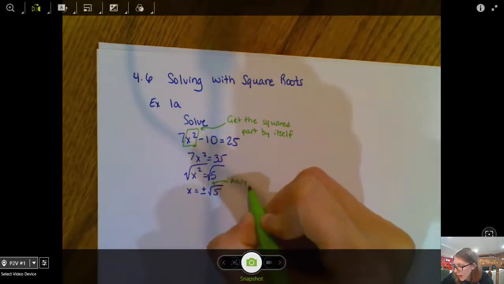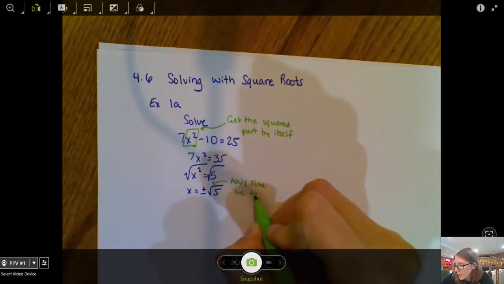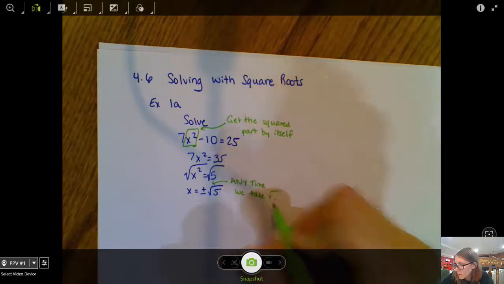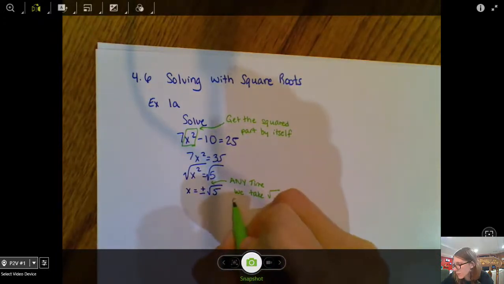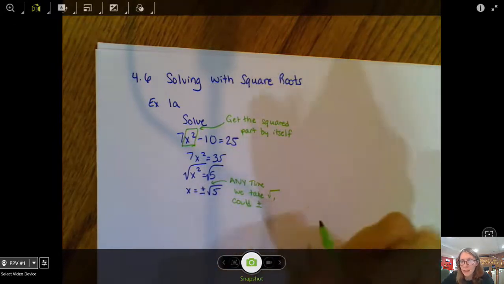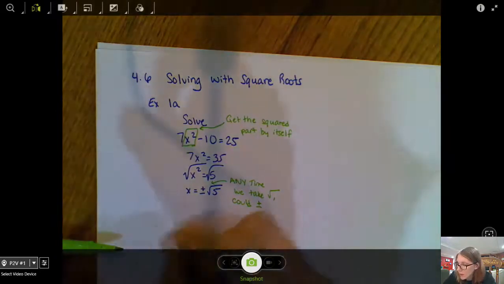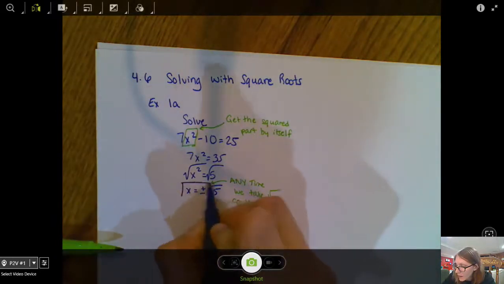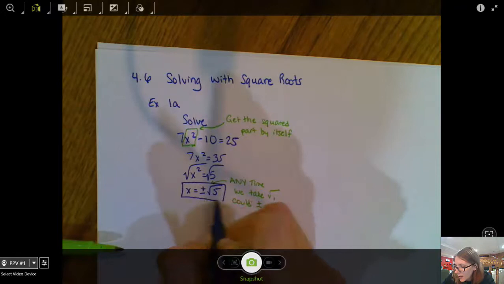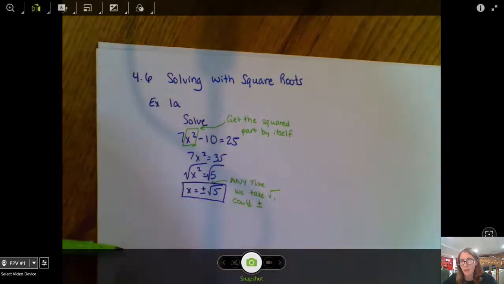So again, anytime we take the square root, we could have a plus or minus for our answer. So x equals plus or minus the square root of 5 is our final answer. And you could have said x equals the square root of 5, x equals negative square root of 5, and that means the same thing. This is just a way to condense our answer a little bit more.